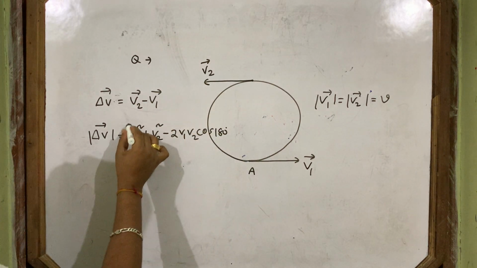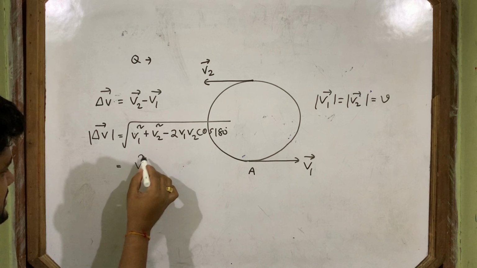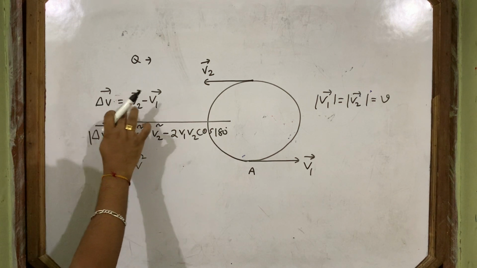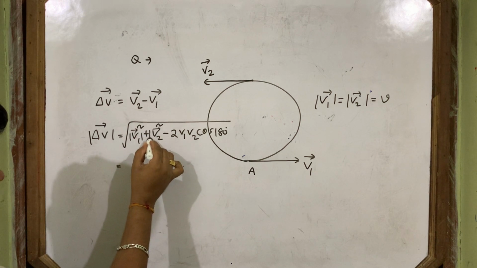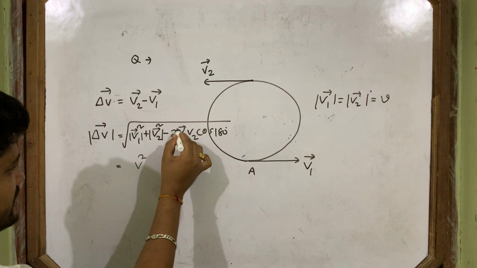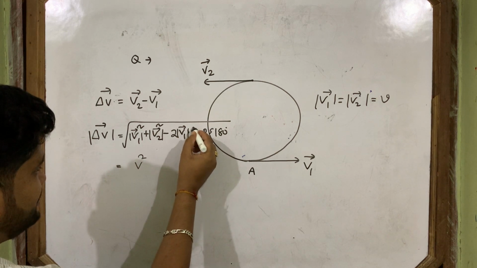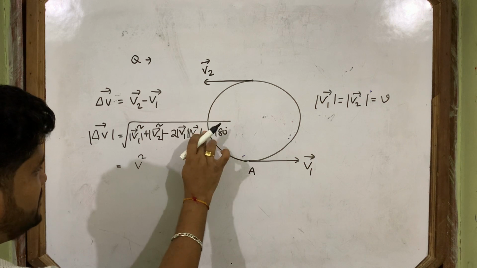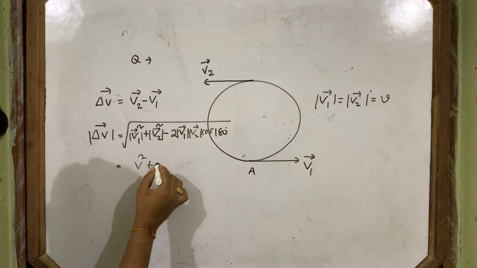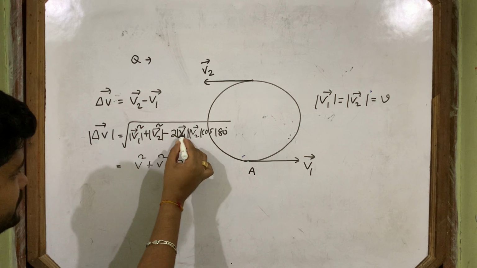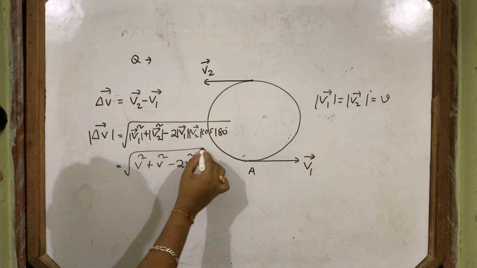This is the magnitude of v1 squared, this is the magnitude of v2 squared, and this is v1 magnitude and v2 magnitude times cos theta. The v1 magnitude is v, so this is v square minus 2v into v, so v square, cos 180 is minus 1.